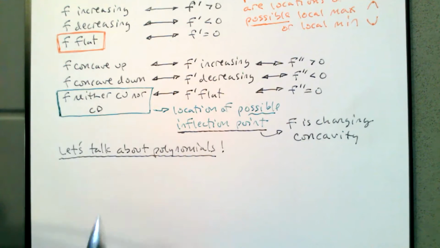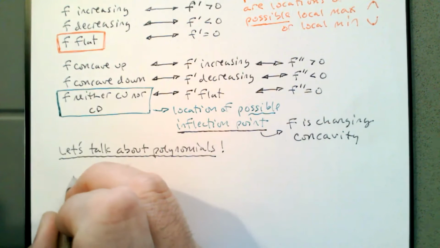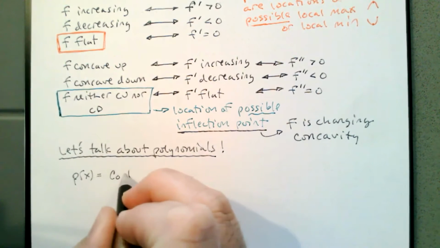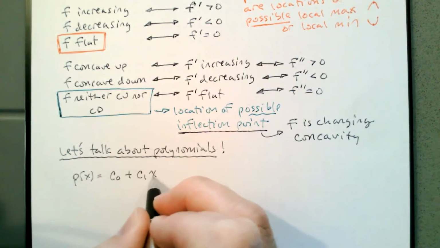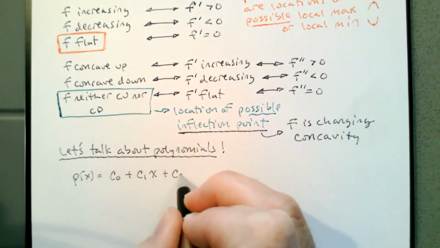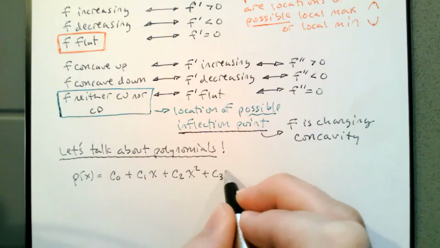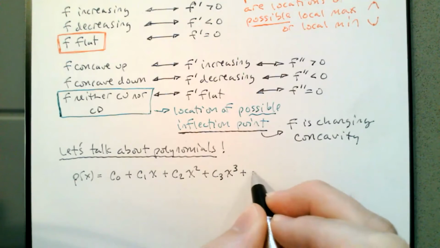So a polynomial has the form, say p of x, some constant plus some constant times x plus some constant times x squared plus some constant times x cubed, and so on.